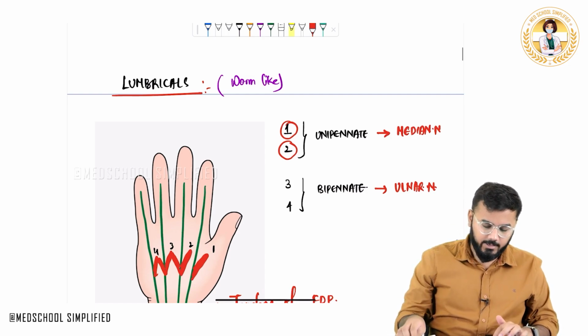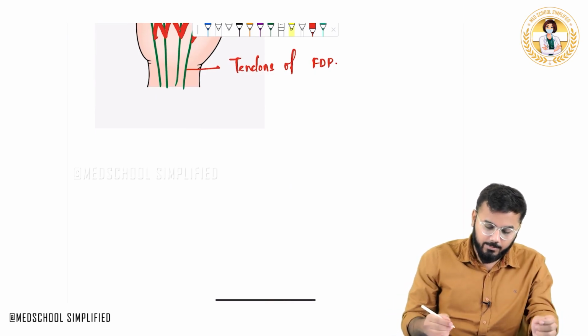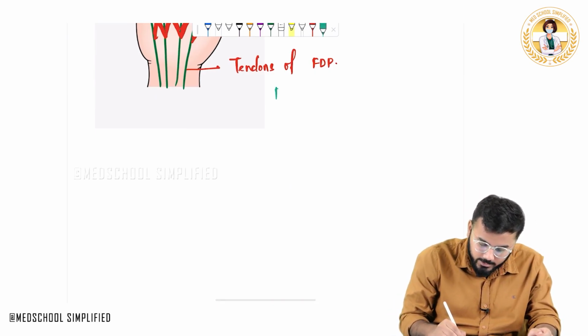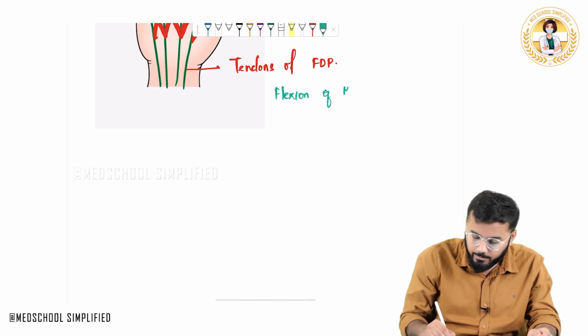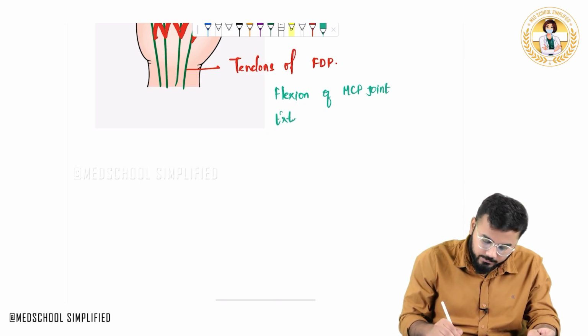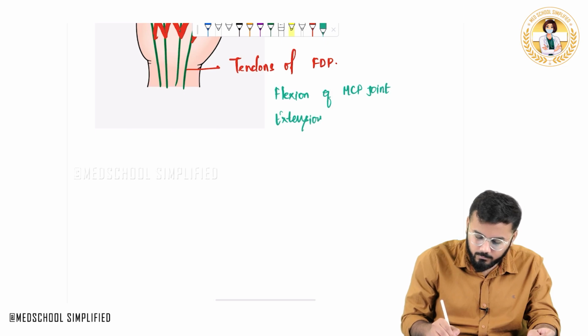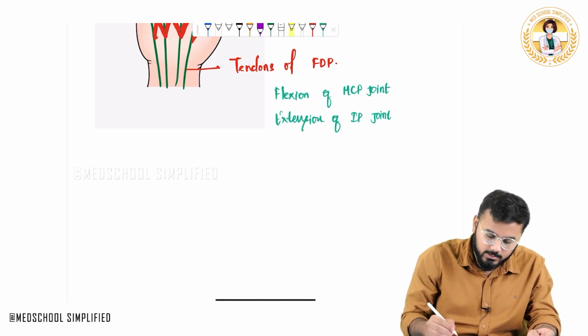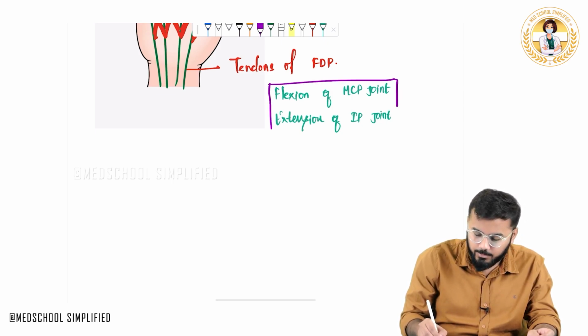This is very simple. So when it comes to lumbricals, the function is flexion of the metacarpophalangeal joint, or simply the MCP joint, and extension of the interphalangeal joint. This is an important thing, you just have to keep it in your mind.